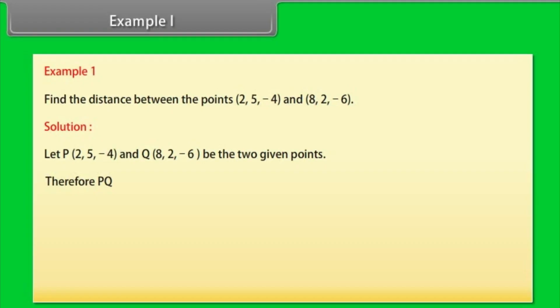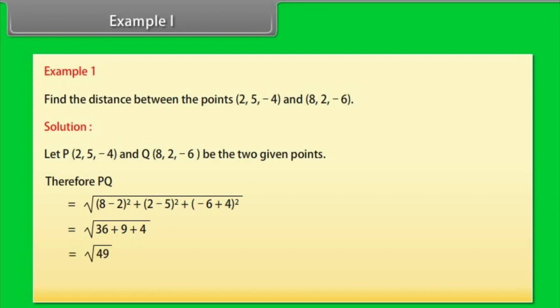Therefore, PQ is equal to square root of (8 minus 2) square plus (2 minus 5) square plus (-6 plus 4) square, which is equal to square root of 36 plus 9 plus 4, equal to square root of 49, equal to 7.